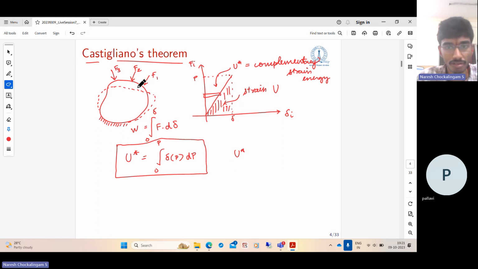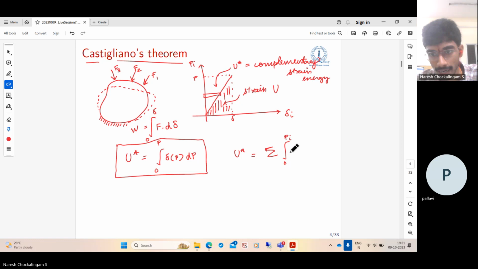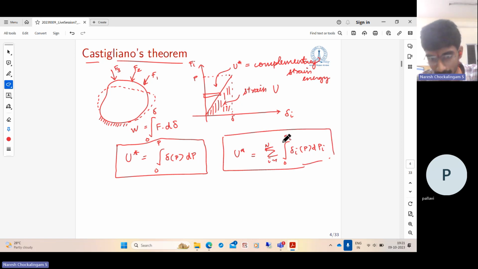We are not interested in what forces they are, but there is some complementary strain energy which is given as the sum over all forces of the integral from 0 to Pi of delta i as a function of P, dPi, sum over all such forces. There is some complementary strain energy which is there.